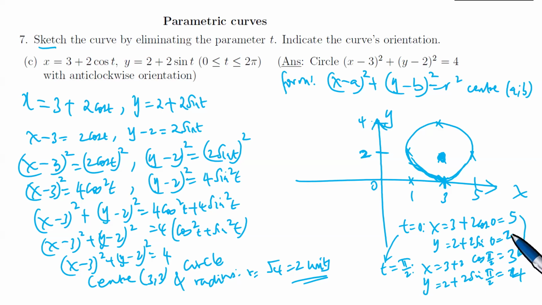Y was 2, and then y became 4. So you can see the y is becoming bigger from 2 to 4. Y is becoming bigger and bigger, so it's going up.